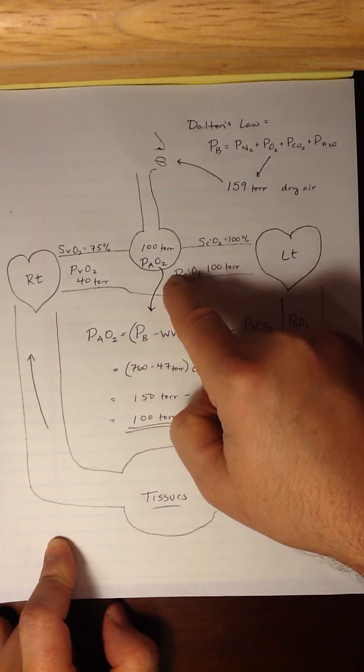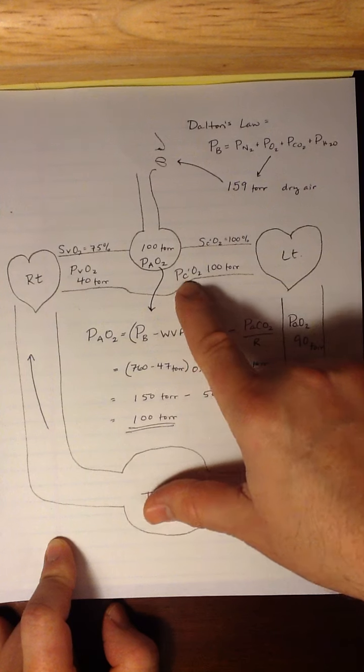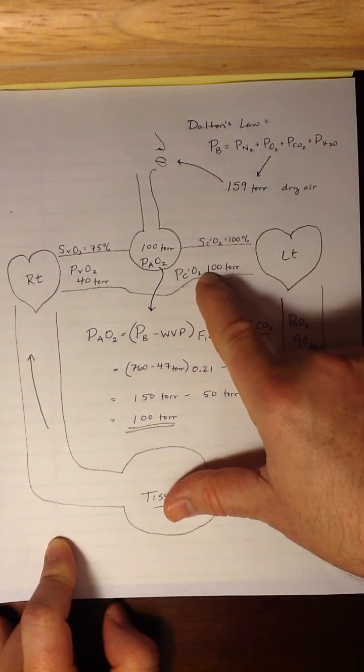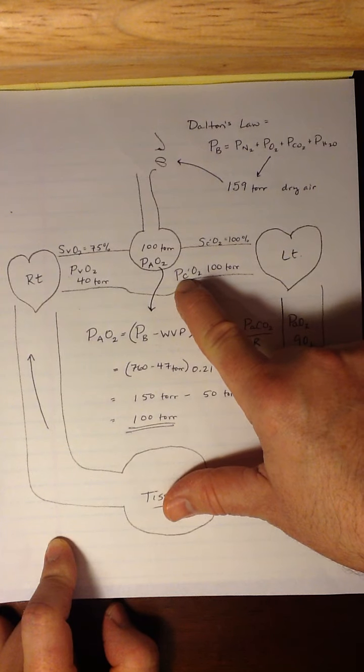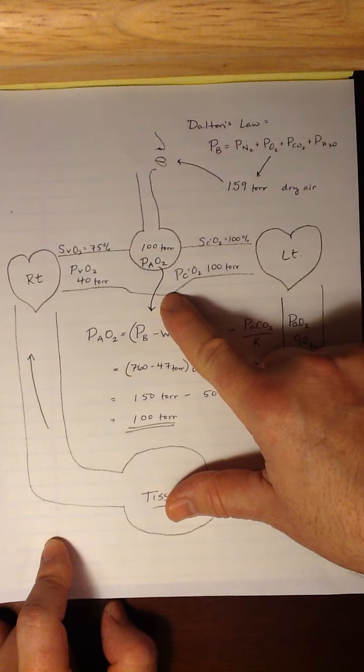Gases exchange until they equilibrate. So here in the pulmonary capillary, I've got the partial pressure of capillary O2. Little c with a hyphen is capillary, and that's always here at the pulmonary capillary.